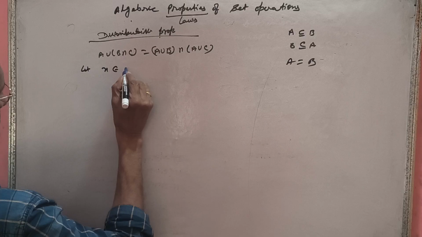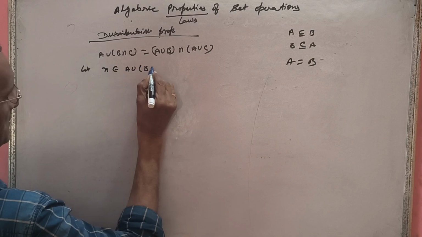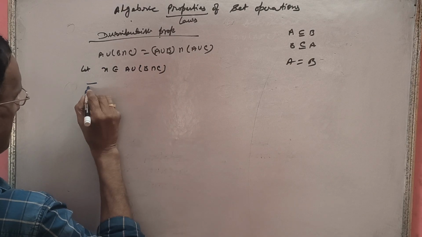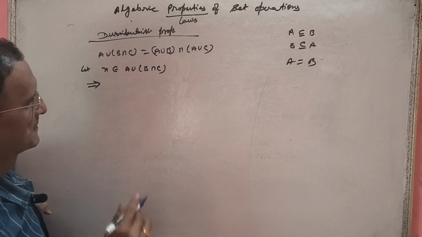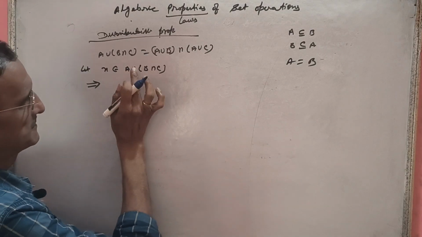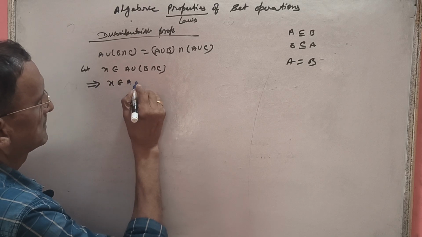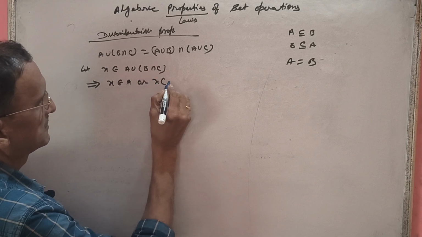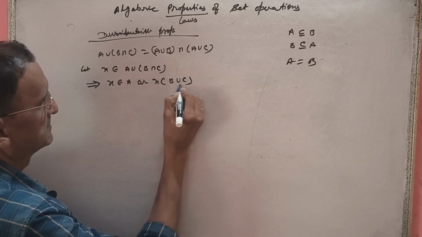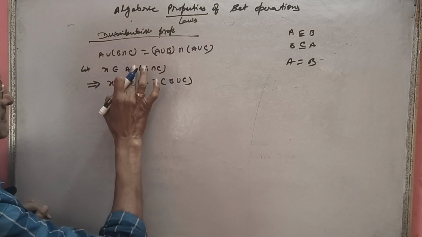Let X belong to A union B intersection C. What is the meaning of union? We have discussed already. That means X belongs to A or X belongs to B intersection C. This is the meaning of union of sets.